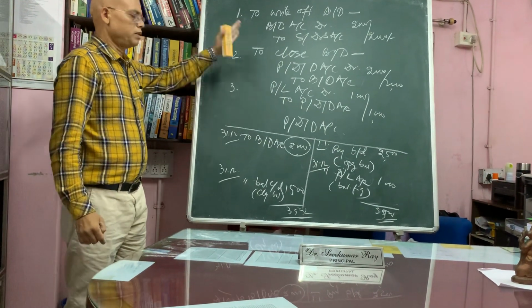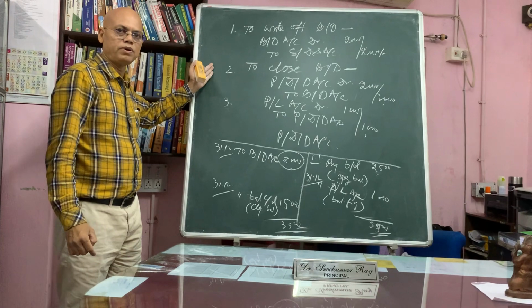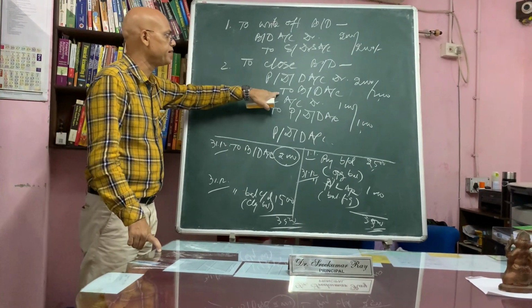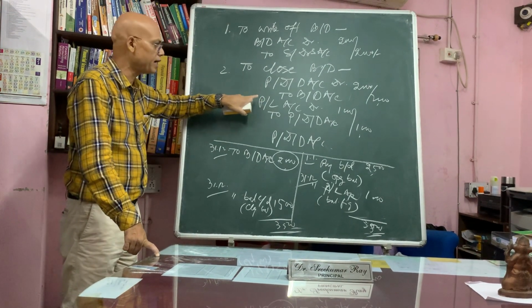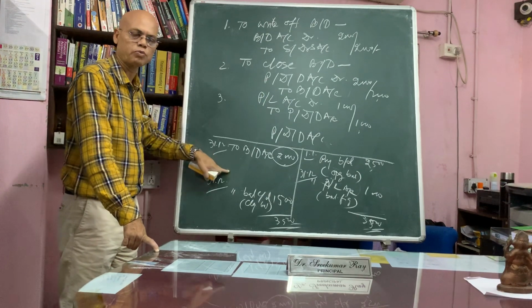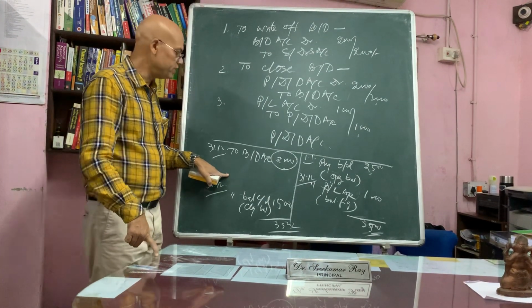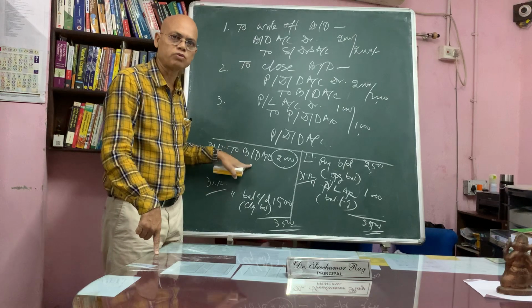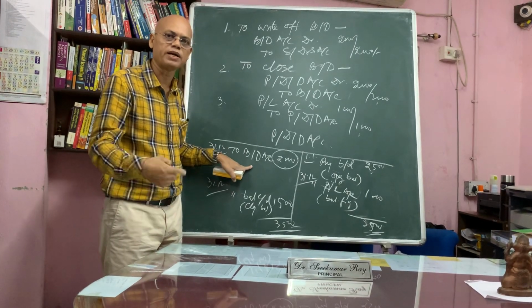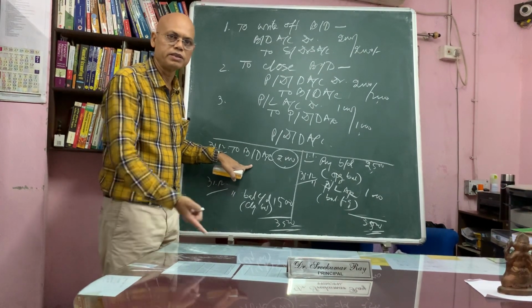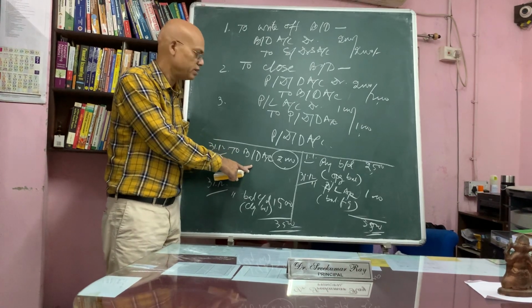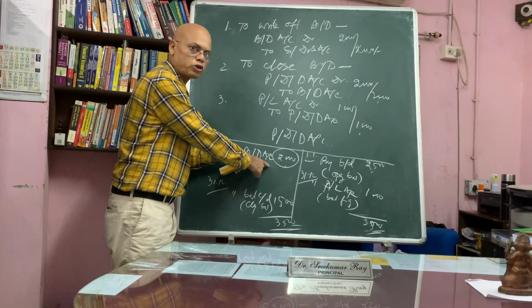See, in the previous example, I charged bad debt to the P&L account. Here I am charging bad debt to the provision for doubtful debt account. You know, provision for doubtful debt account was maintained for safeguarding against future bad debt. This is more scientific, you can think. In that case, bad debt is to be charged to the provision for doubtful debt.